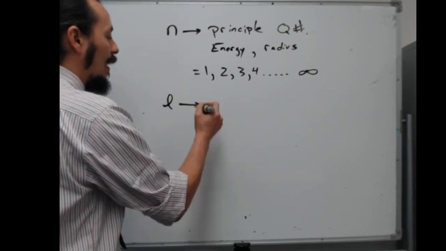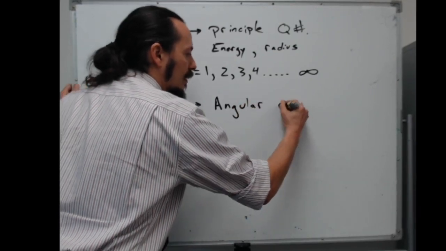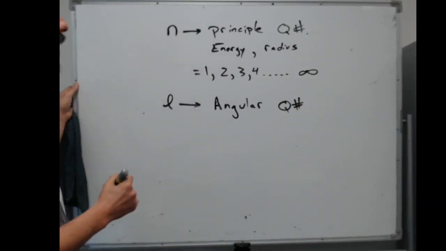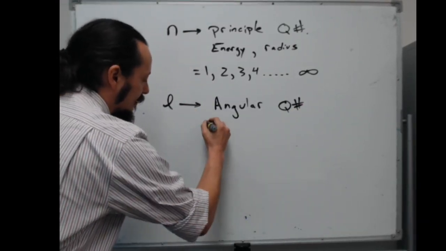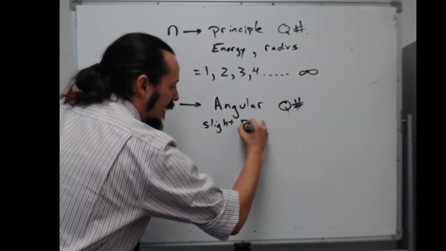So that gets us to getting more defined in terms of which function we're talking about, which is going to be our L value, which is referred to as the angular quantum number. This one is going to have a slight impact on energy.